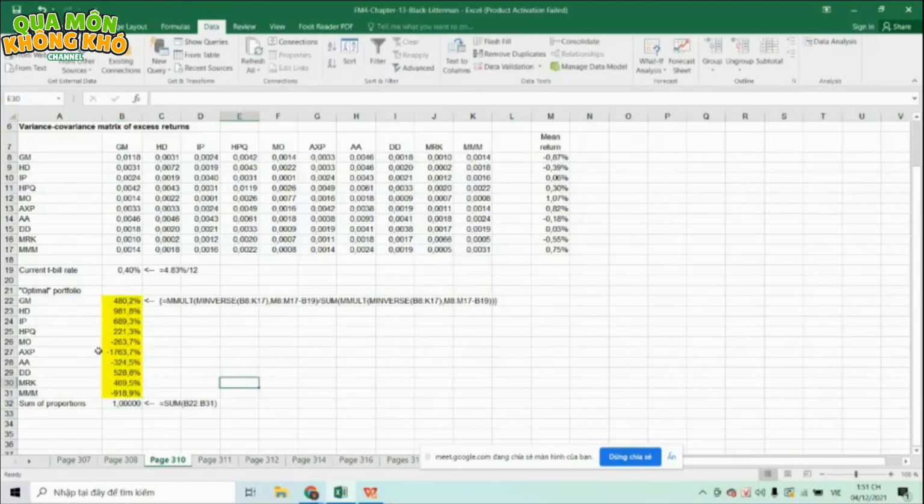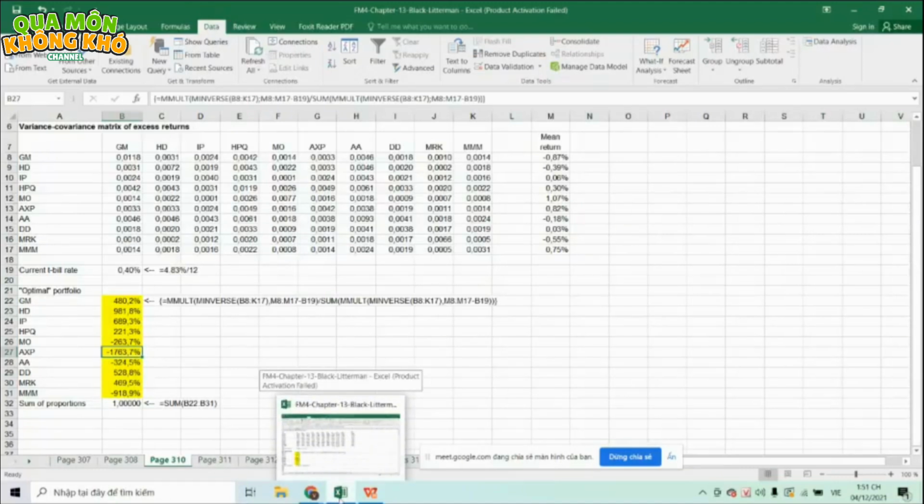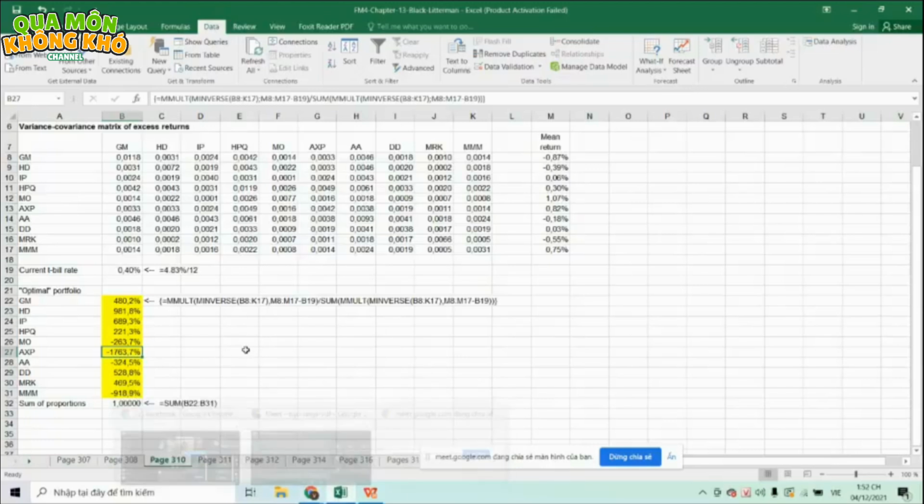Yes. And as I have mentioned before, you can see the number in here and the others number here. It is a really large number. You can see it isn't practical, so it is difficult to short sell this.